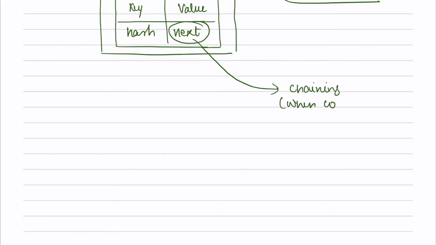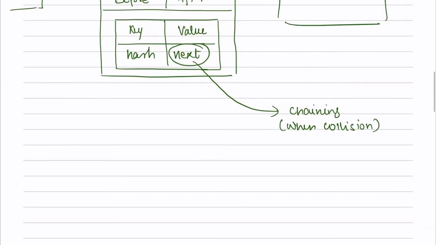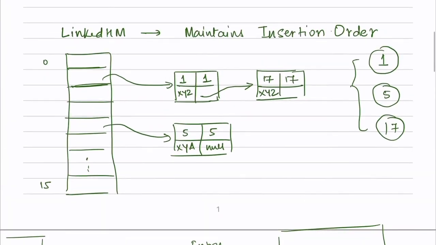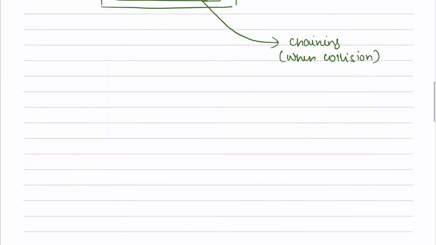Okay, so with this there is this entry node, and as I said, since there is before and there is after, this will create a doubly linked list, right? What is a doubly linked list? Let's revise quickly.